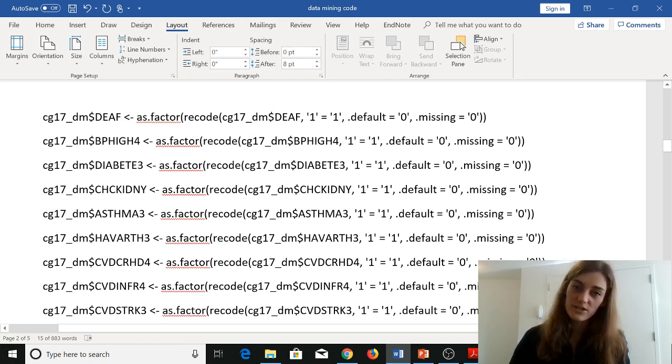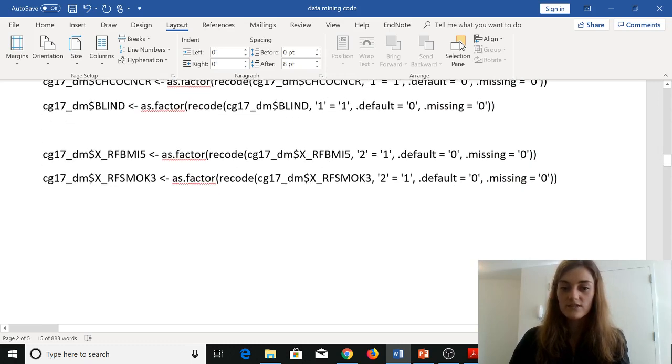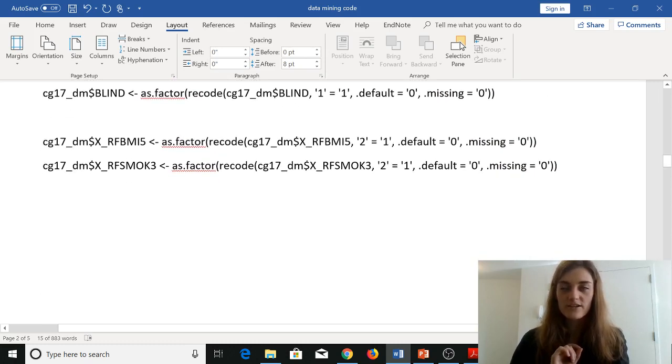For this high blood pressure variable, we're setting it as a factor, recoding 1 to 1, and everything else to 0. And we do that for all of these. There are only 2 variables where the response that we want to recode to 1 is not 1, but it's 2. That's for this RF BMI 5 and this RF smoke 3. So this is overweight and obesity and current smokers. So we set 2 to 1 and everything else to 0.